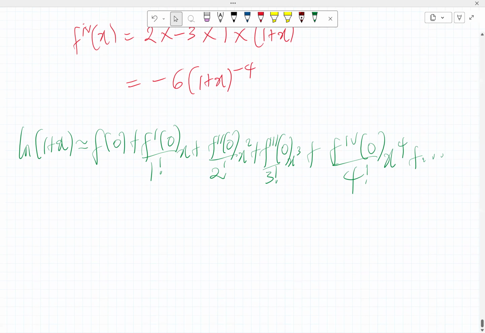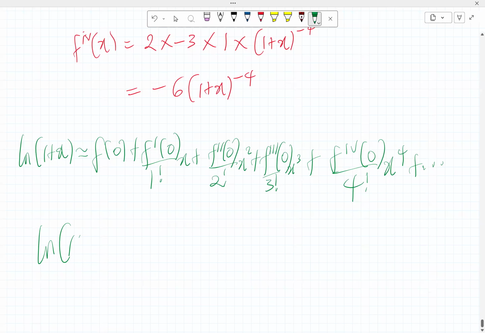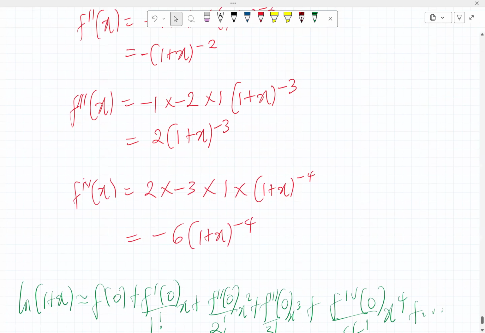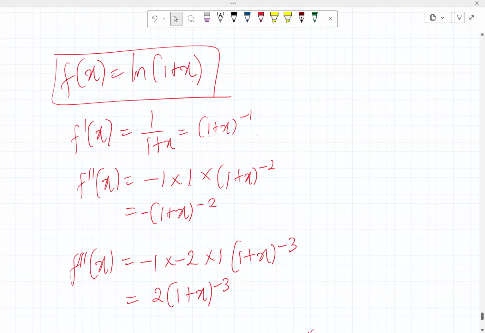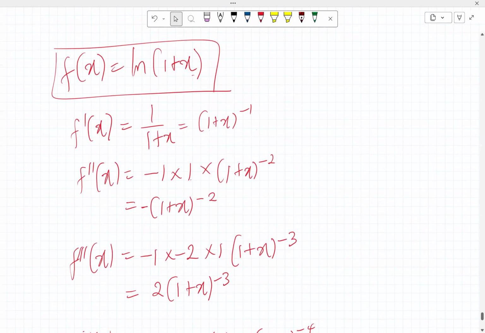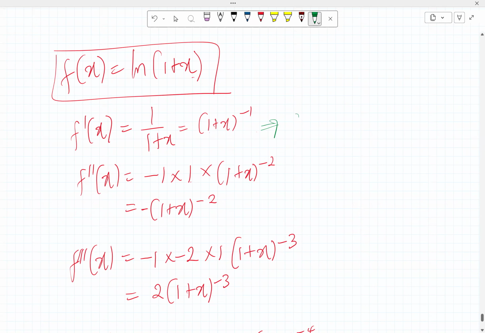So if that is the case, then we know that ln(1 + x) is approximately f(0) now. F(0), that means we need to try that. So f(0) here is actually ln(1 + 0). That is ln 1, which is simply 0.